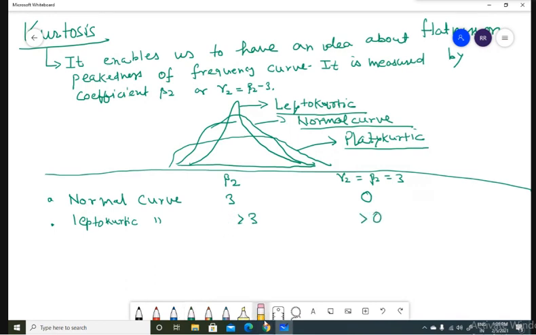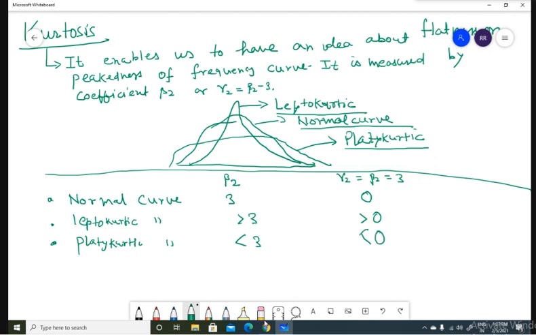Obviously if it is greater than 3, it will be greater than 0. And the third one is the platykurtic curve: beta 2 should be less than 3 and gamma 2 less than 0.